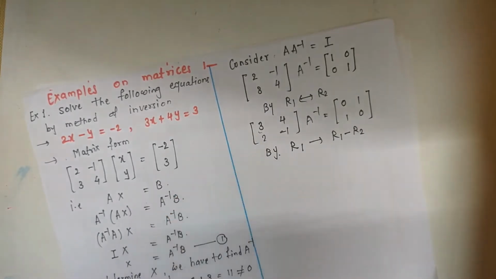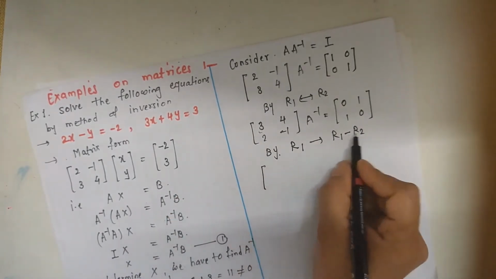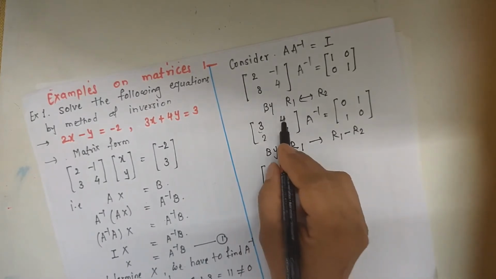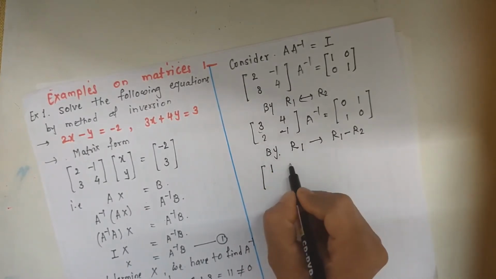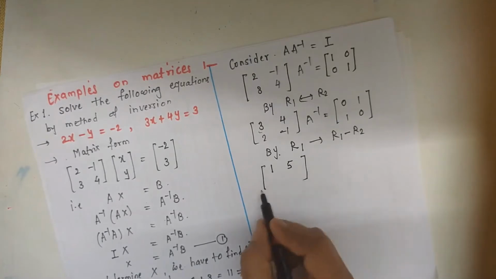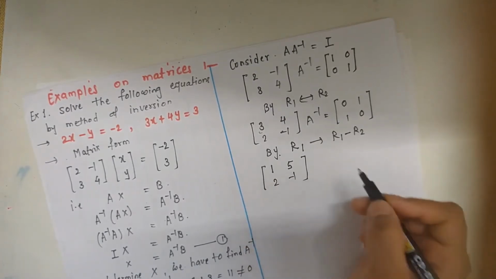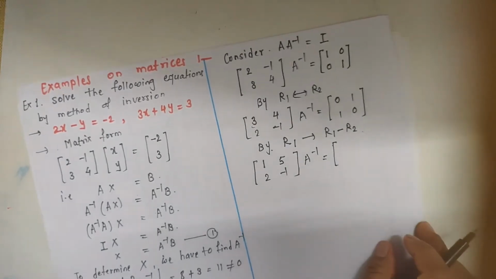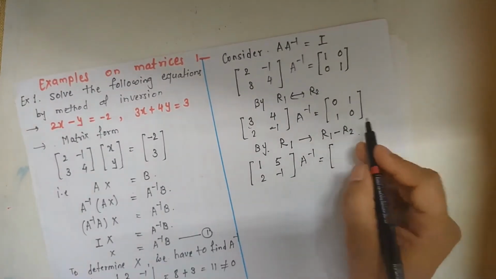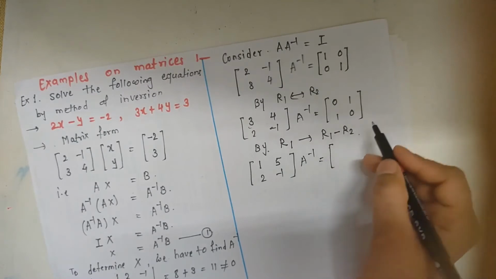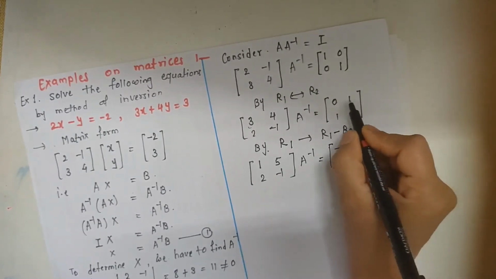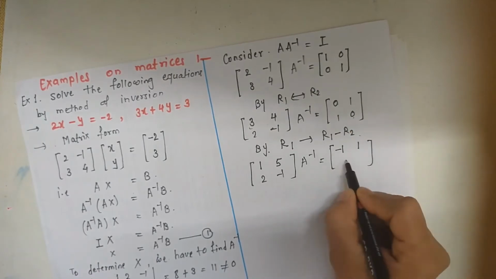By applying R1 minus R2, 3 minus 2, we get 1; 4 minus minus 1 is 5. The second row remains the same, into A inverse is equal to the same transformation applied on this side. So R1 minus R2 elements, 0 minus 1 is minus 1, 1 minus 0 is 1.